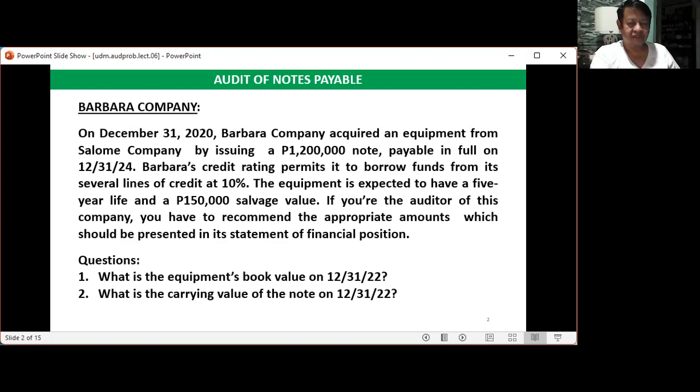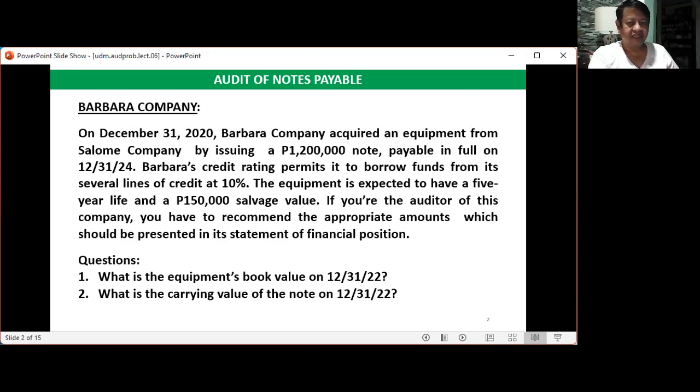It is payable in full after 4 years. The maturity date is December 31, 2024. The issuance of the promissory note is December 31, 2020.